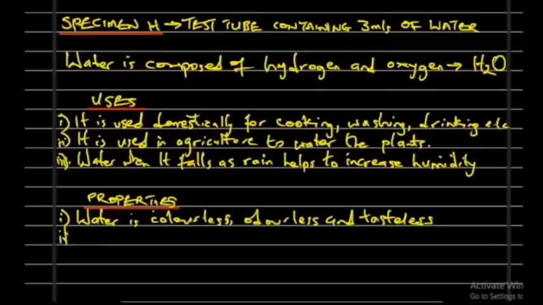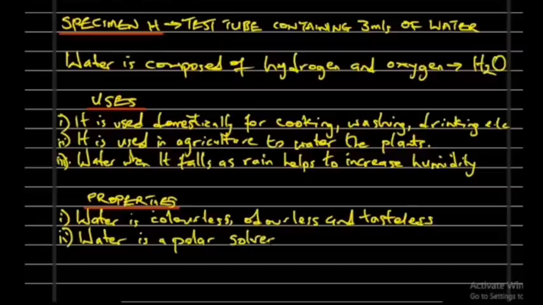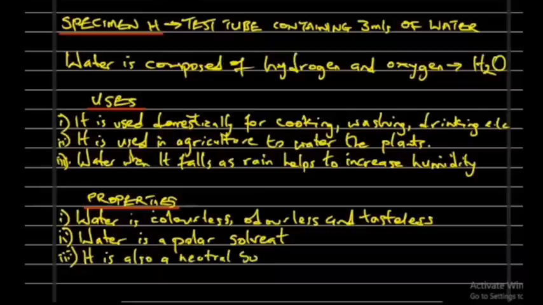Now, water is a polar solvent. It is also a neutral substance, because it has a pH of exactly 7.0.